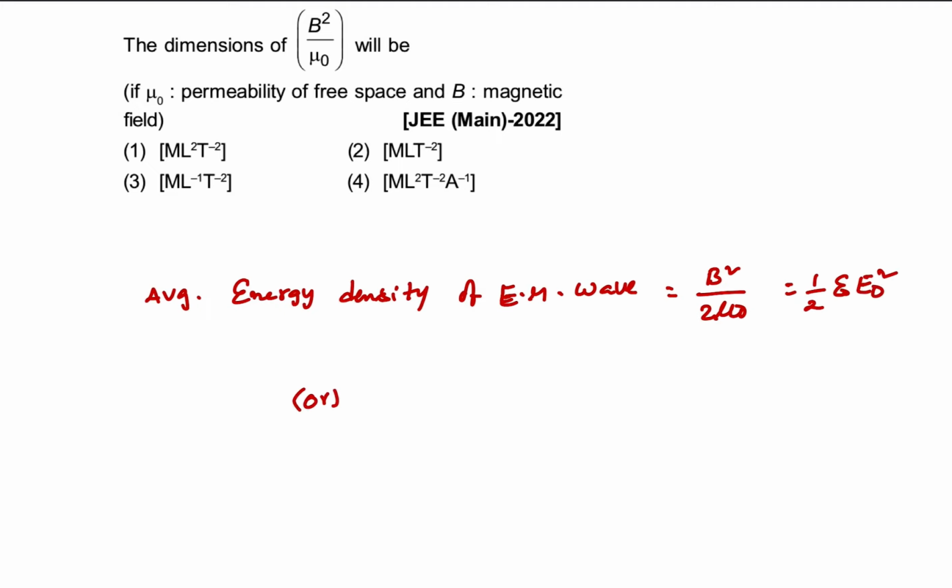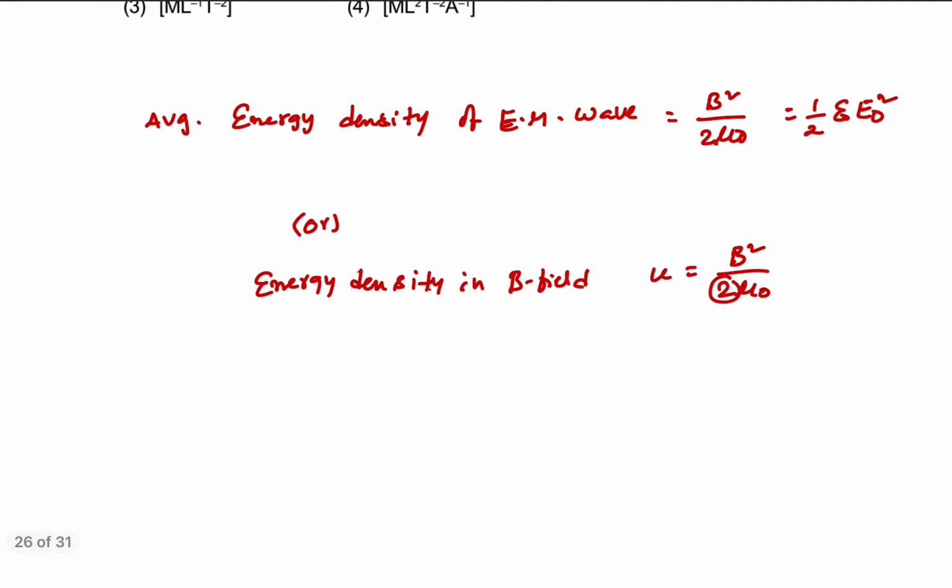That is also half into epsilon naught into E naught square. Or the energy density in a magnetic field, you can write, U is nothing but B square divided by 2 mu naught.